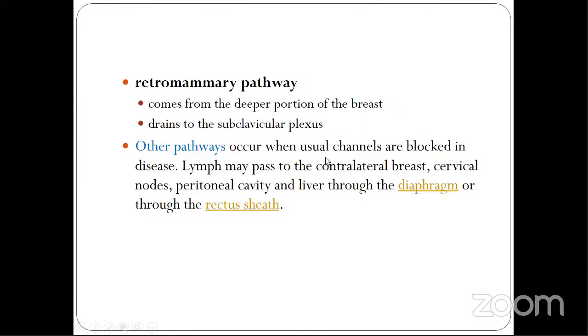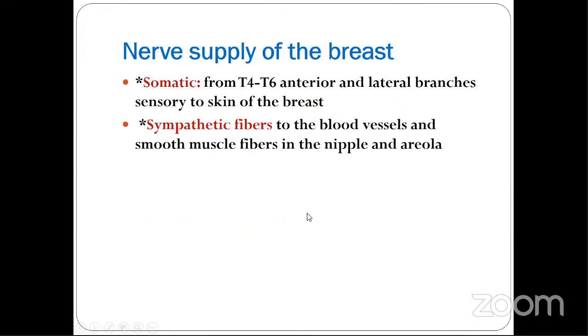Lymph may pass into the other breast or contralateral breast, cervical lymph nodes, peritoneal cavity, and liver through the diaphragm or through the rectus sheath. The breast has somatic and sympathetic nerve supply.